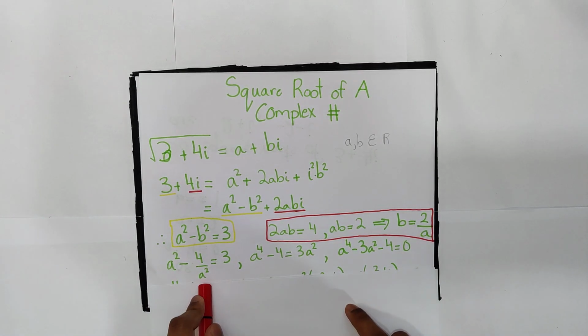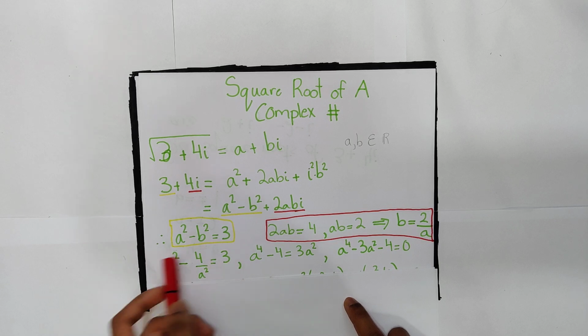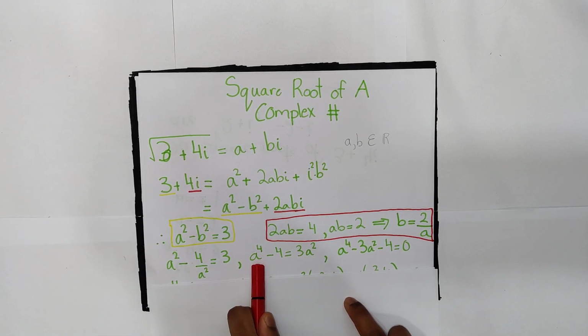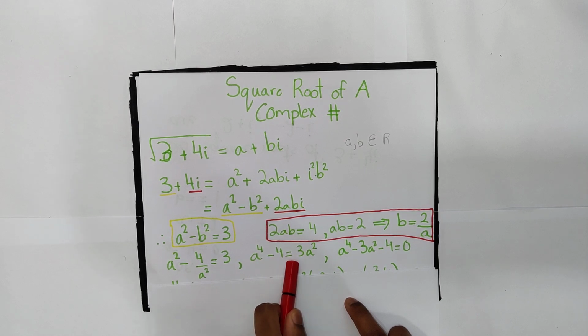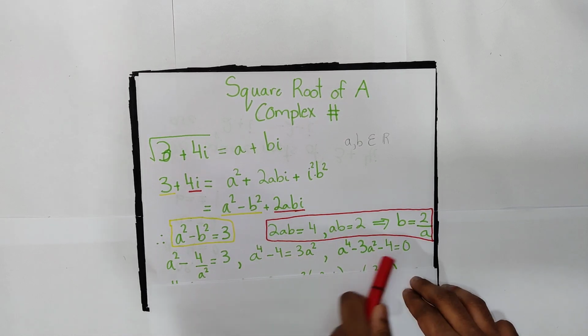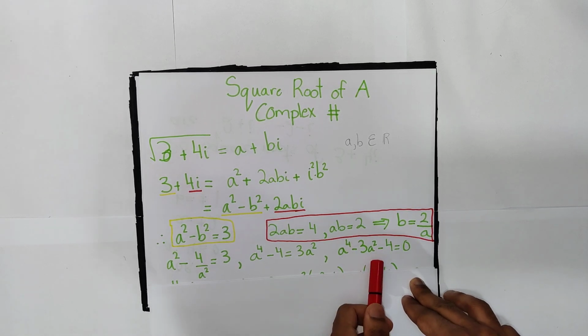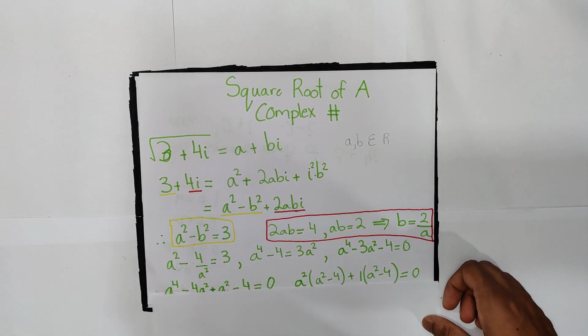Now, we don't like this down here, so we can multiply this entire equation by a squared, which would mean that we now have a to the 4 minus 4 equals 3a squared. Bringing everything over to one side, we have a to the 4 minus 3a squared minus 4 equals 0.